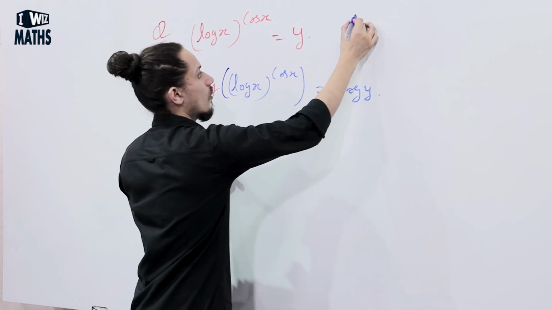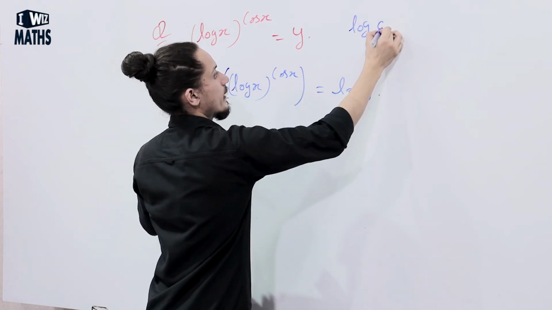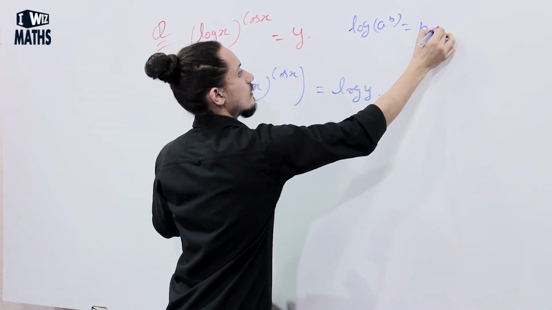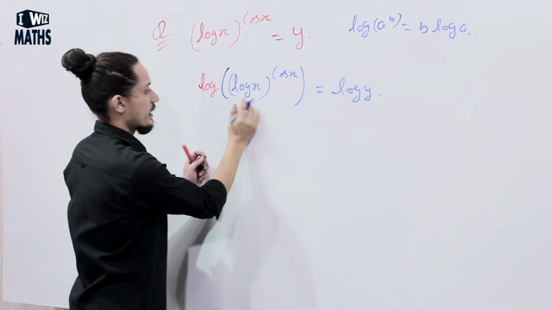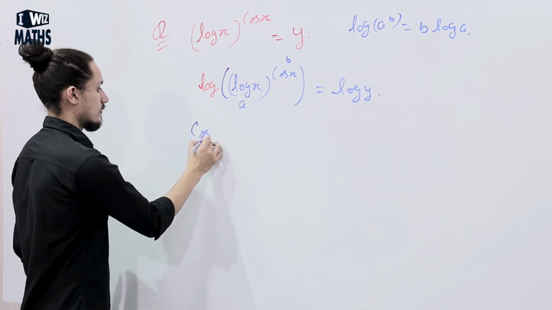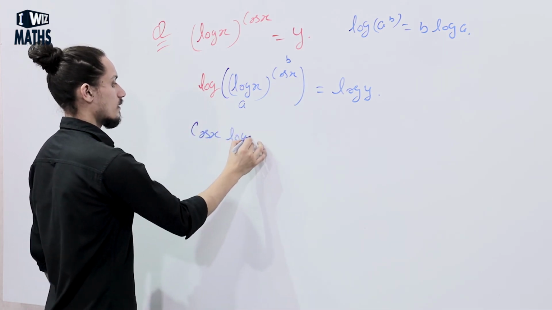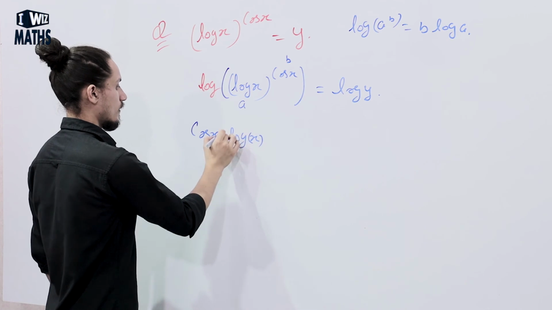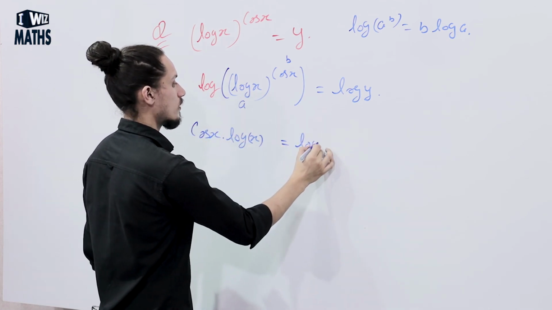Now we know log of a raised to power b is equal to b log a. So here a is log x and b is cos x. So we'll get cos x log x is equal to log y.